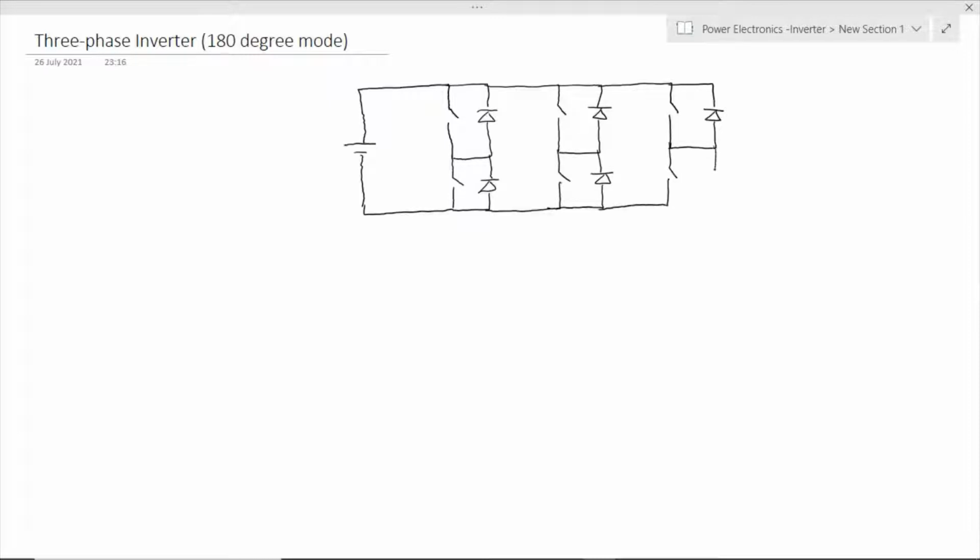So all these switches are unidirectional switches as we have learned before. So first let us name it. Say V is the DC battery potential. Then we can have this as T1, D1, then T2, D2, then T3, D3.